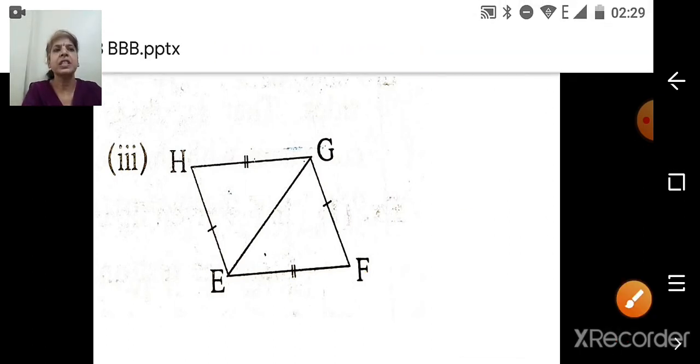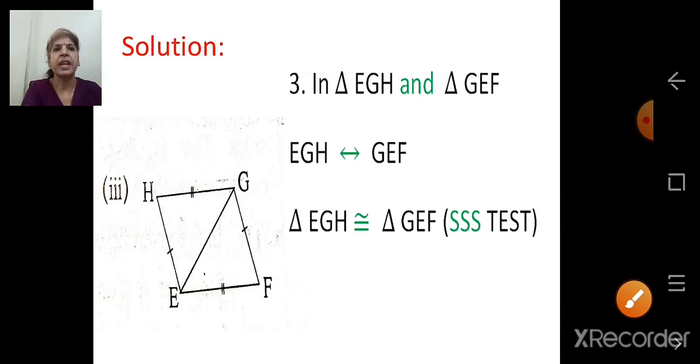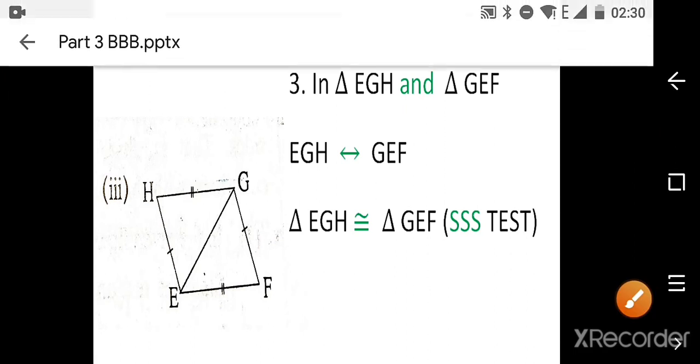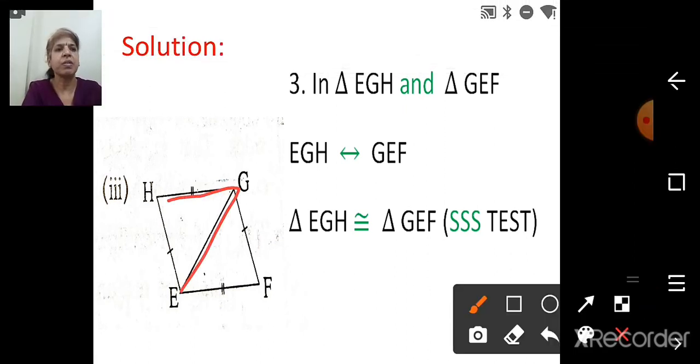So let's see the solution. First we will write the name of the triangle. In triangle EGH. Now point corresponding to E is G. So what you will write? GEF. So if you write the name correctly, then correspondence also will come correctly. So triangle EGH and triangle GEF. Same, we are taking correspondence.